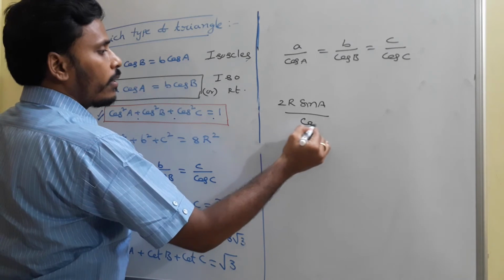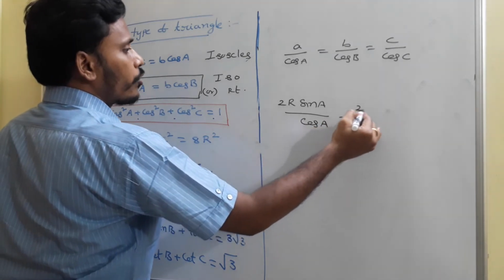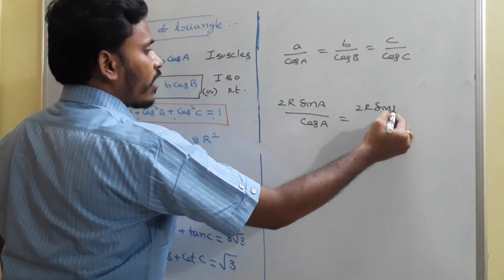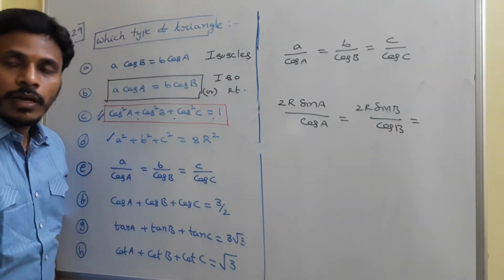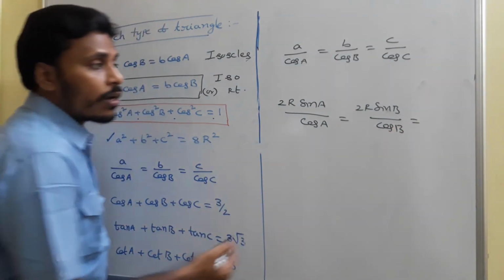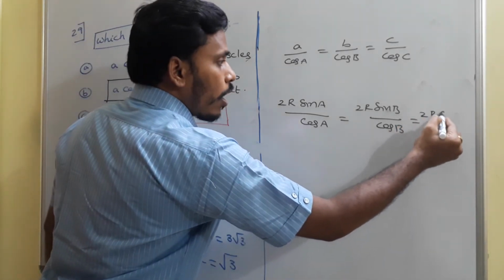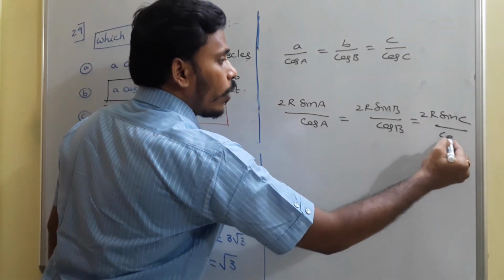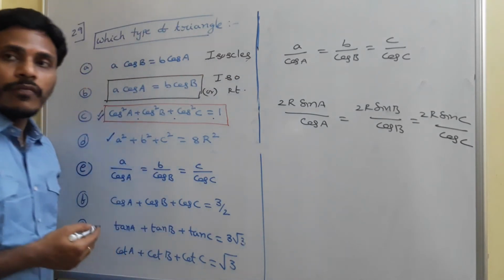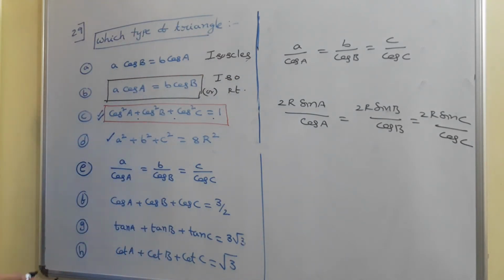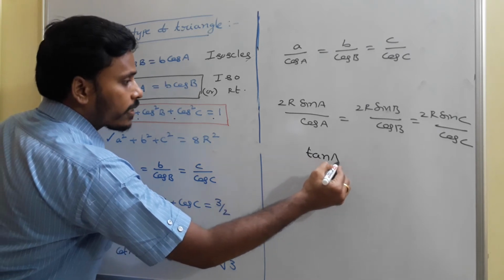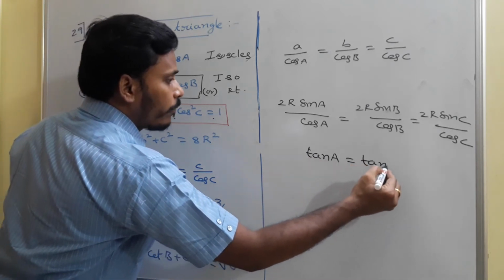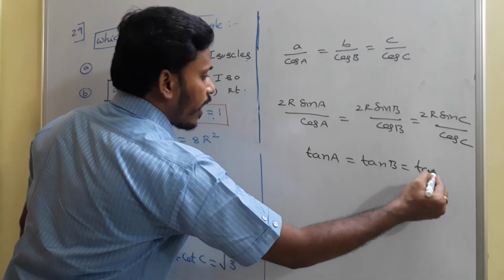So 2r sin a by cos a equals 2r sin b by cos b, and for the third term c, again from the sine rule, 2r sin c divided by cos c. Everywhere 2r gets cancelled, and sin a by cos a is tan a, sin b by cos b is tan b, and sin c by cos c is tan c.